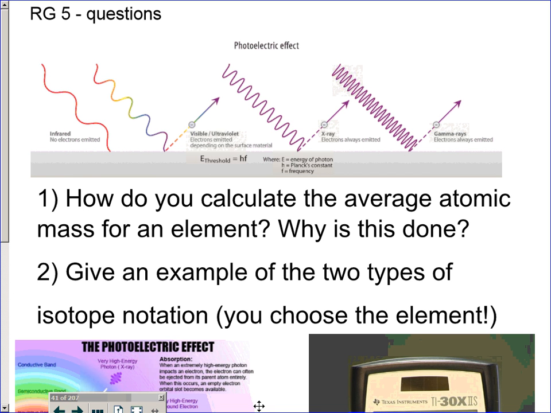No. Okay. So this is called the photoelectric effect, because if I say photo, what does that prefix mean? Light. And what does electric kind of sound like? Electricity. Did you know that electricity is just straight up electrons flowing through wire?